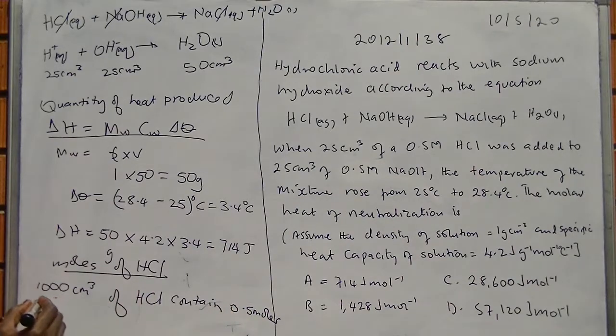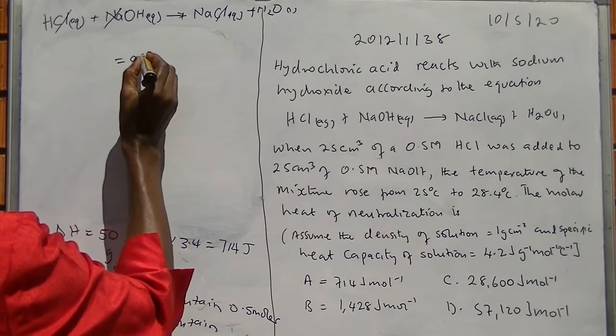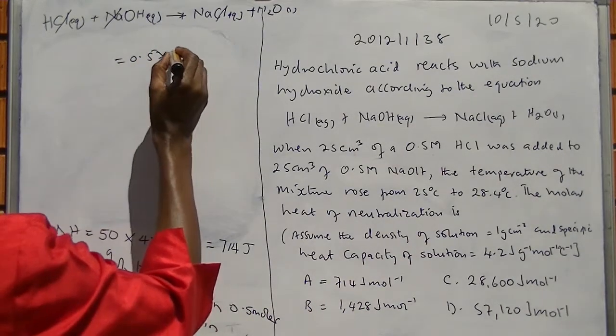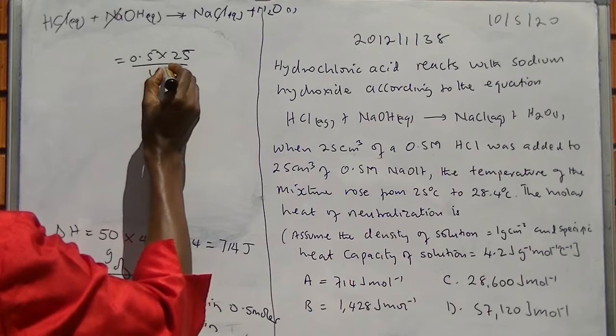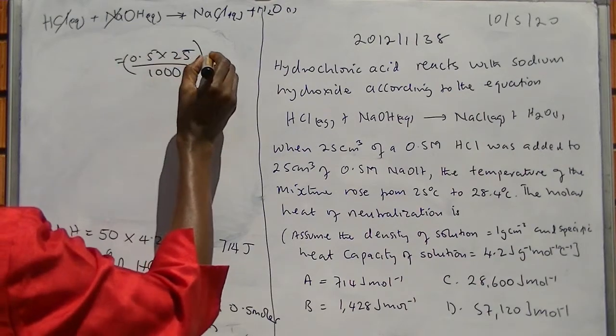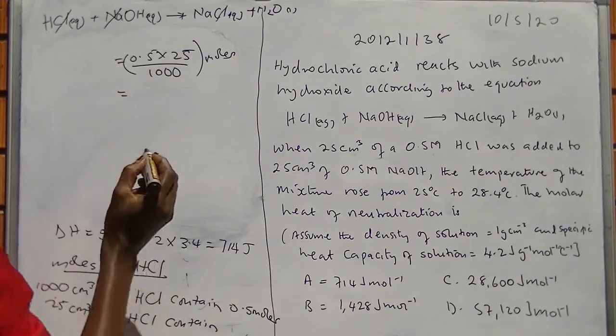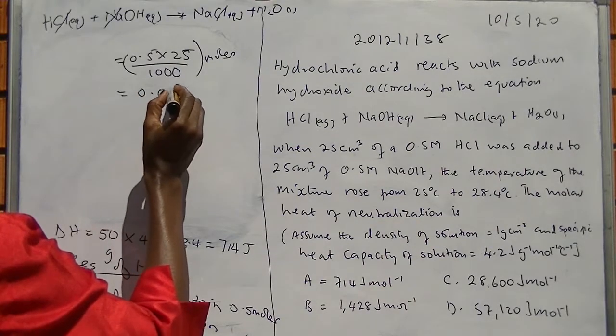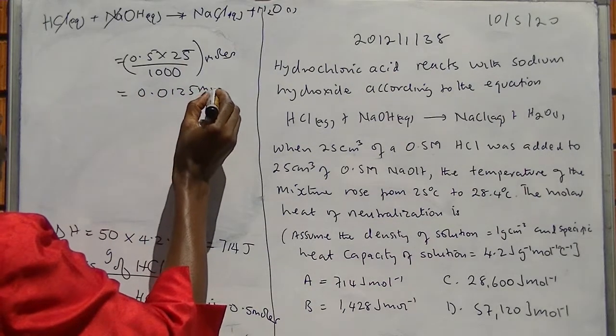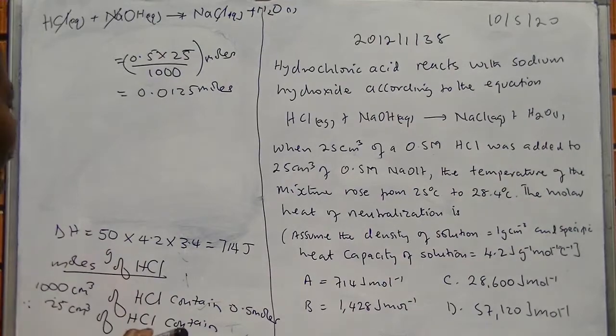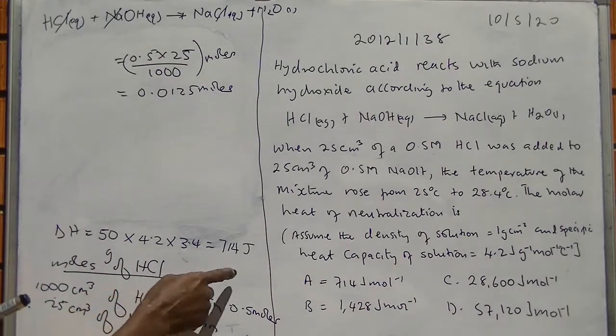What about 25 cubic centimeters of hydrochloric acid? It will contain, we cross multiply, 0.5 times 25 over 1,000 moles, which is equal to 0.0125 moles. So these are the moles of the acid that produced this heat.